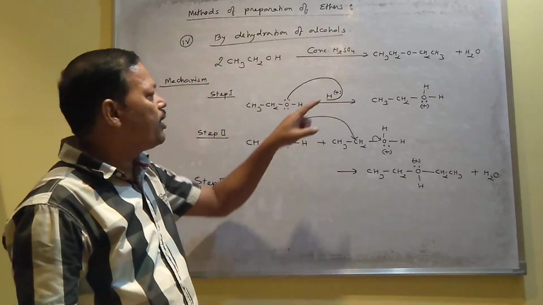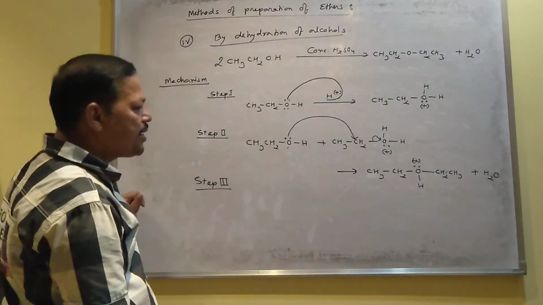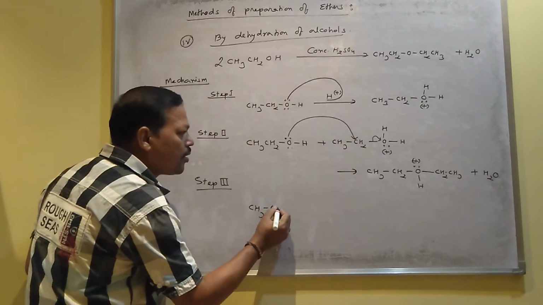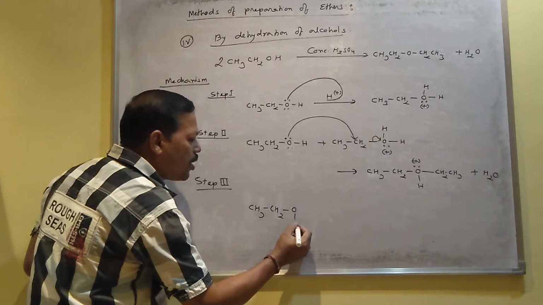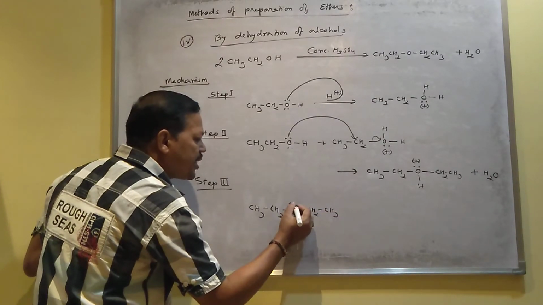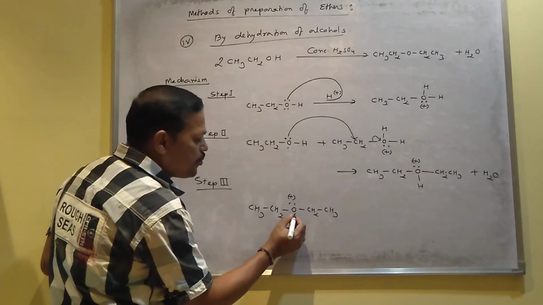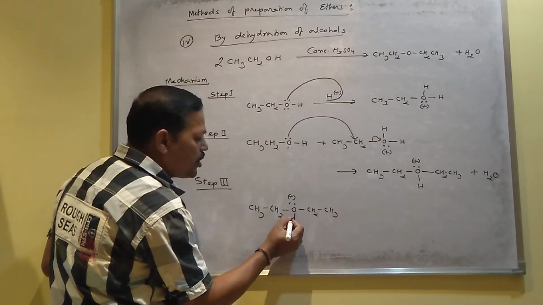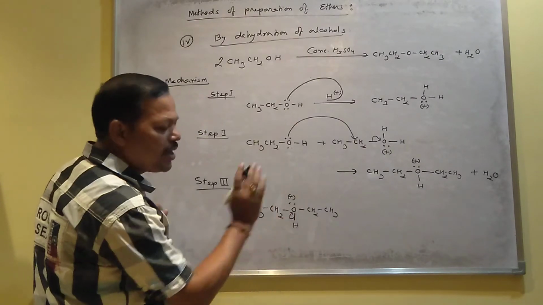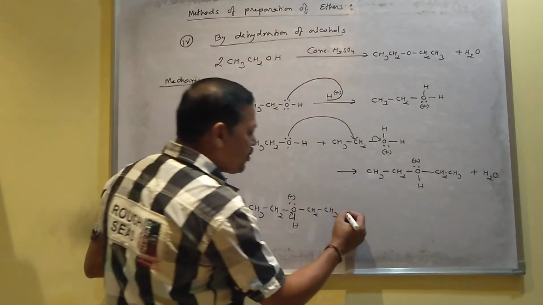So that is why this H plus ion again has to be removed from the compound, and that is why the third step is called removal of H plus ion. So how will the H plus ion be removed? Since oxygen carries a positive charge due to the presence of one lone pair, this bond will break and both electrons go towards oxygen. I mean oxygen will carry two lone pairs and become neutral, and the hydrogen will be released as H plus ion.